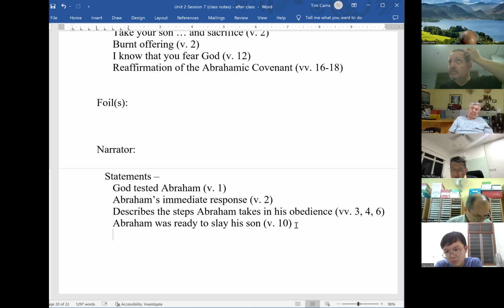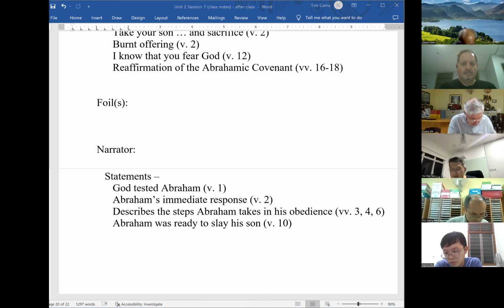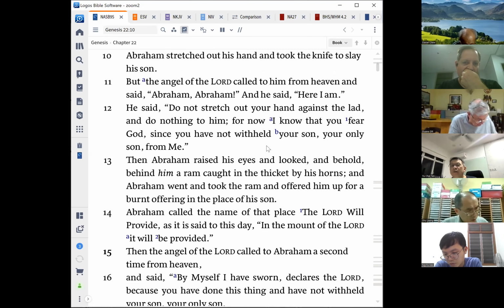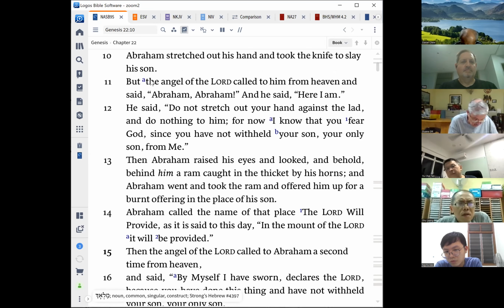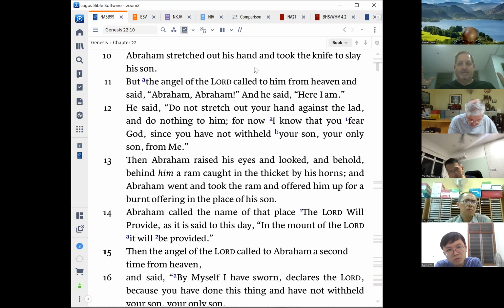Yeah, verse 11, just after the action of slaying the son. Here the narrator uses this connecting word to release the suspense. Good. We're right at the climax, right? Verse 10 is the climax here. What's going to happen? Is he going to do it? And then right as he's getting ready to strike, verse 11.